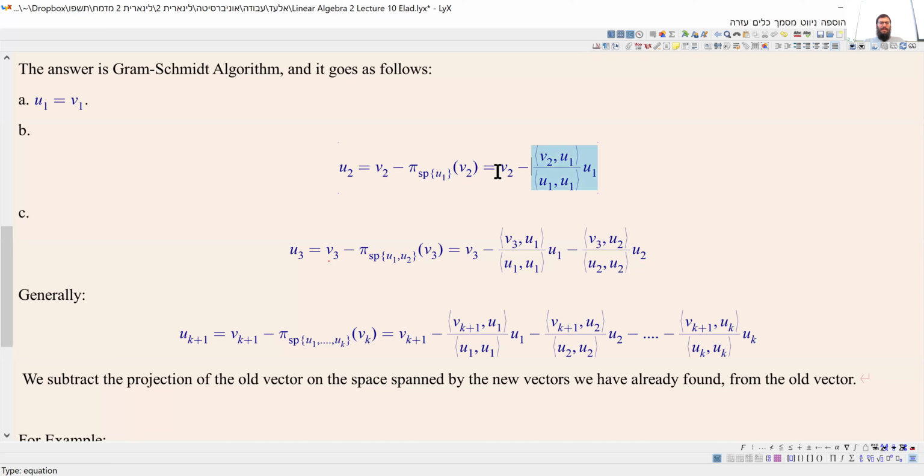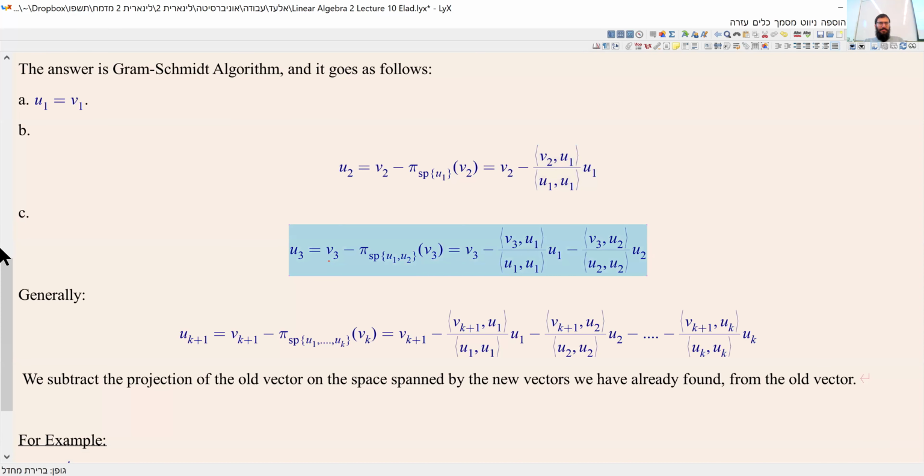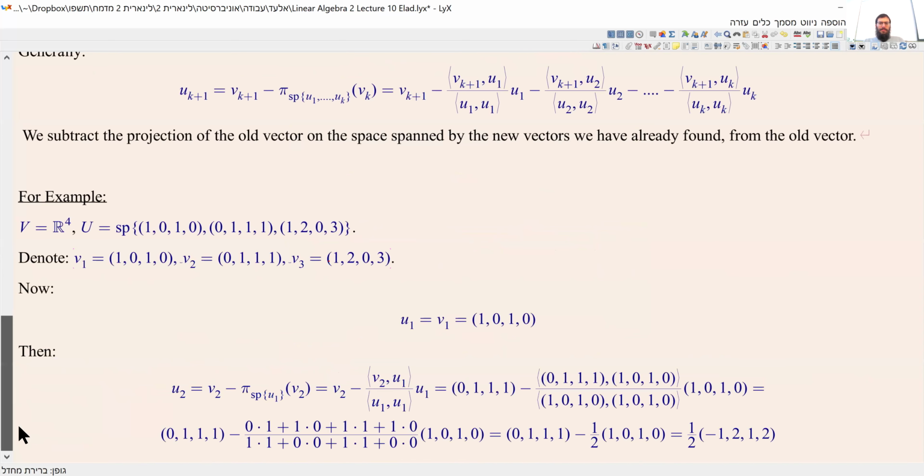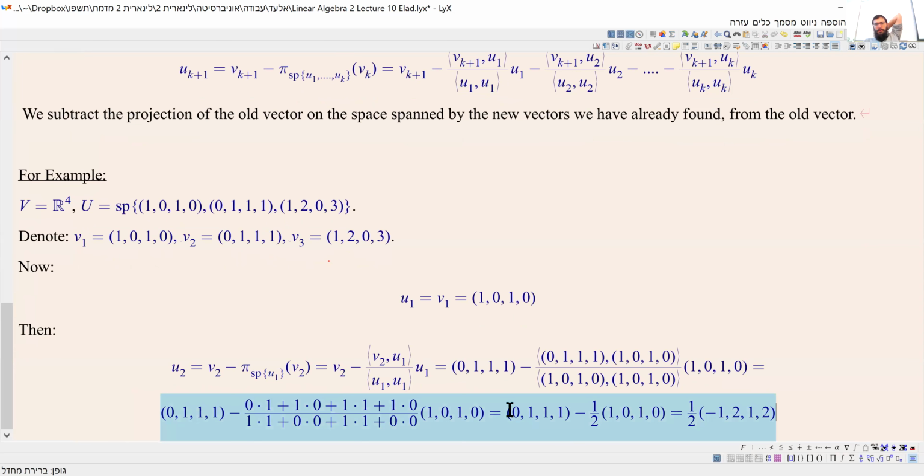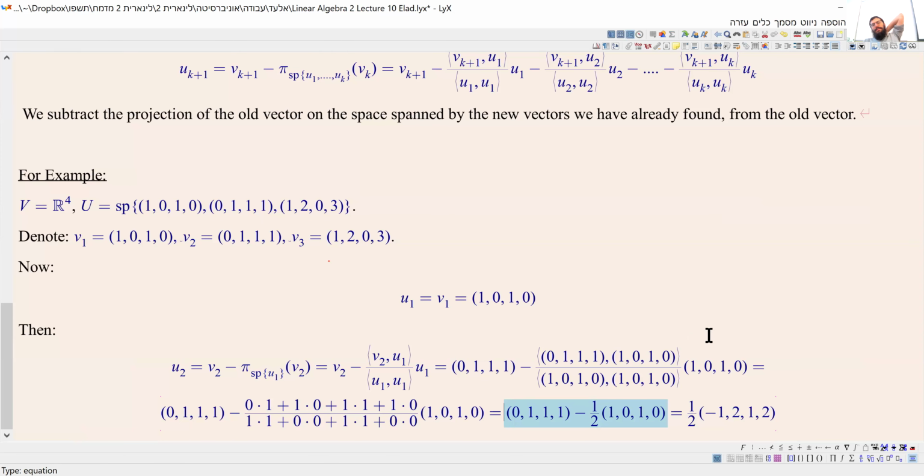It's not just multiplied by a scalar, it's some subtraction, which gets uglier and uglier as it goes. So hopefully I wasn't mistaken here when I took the half and then subtracted the vectors from each other. Minus 1, 2, 1, 2. Okay, that's the second vector.